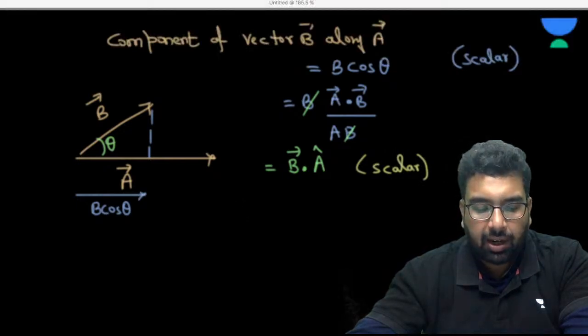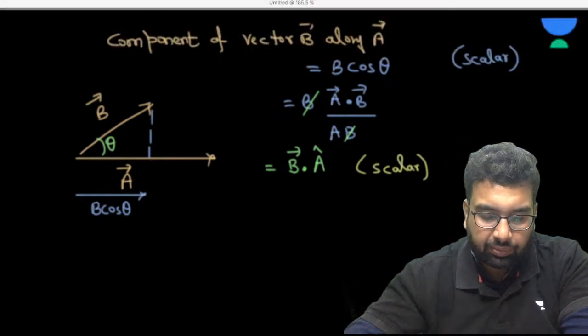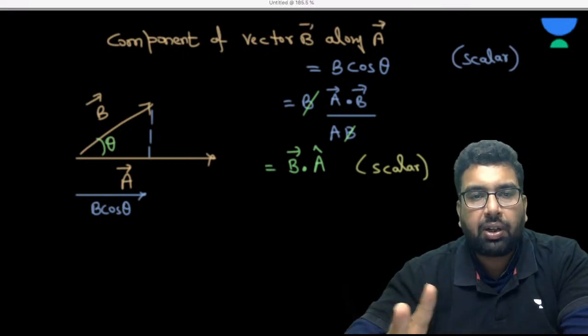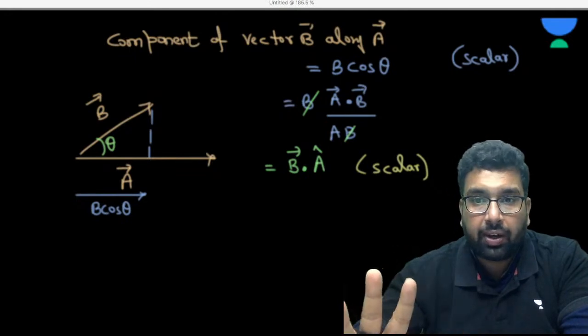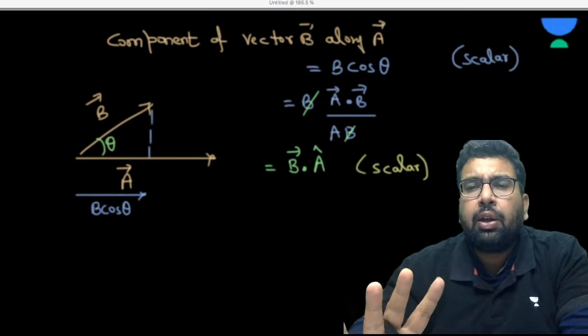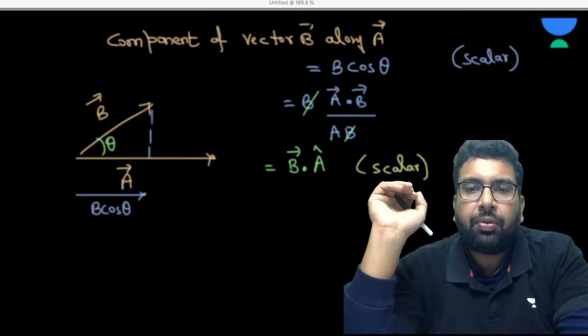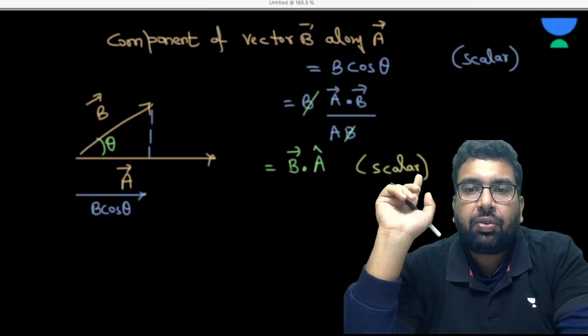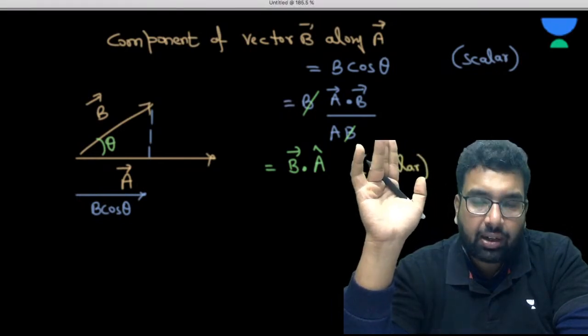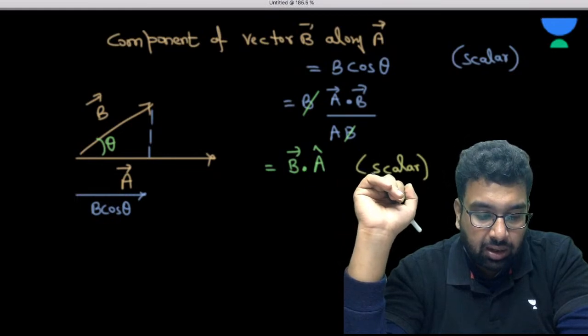The projection concept is somewhat related to this, but let's not go there right now because it is going to be a little complicated. Let's focus on this, otherwise you will get confused. So this is first of all a scalar thing, when you are finding the component of any vector along another vector.